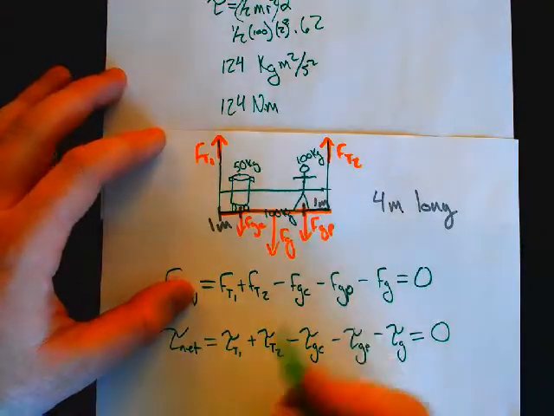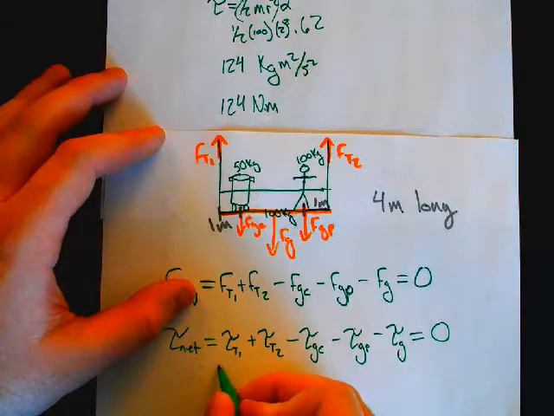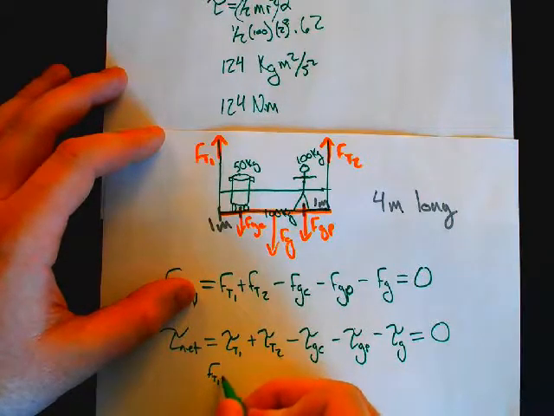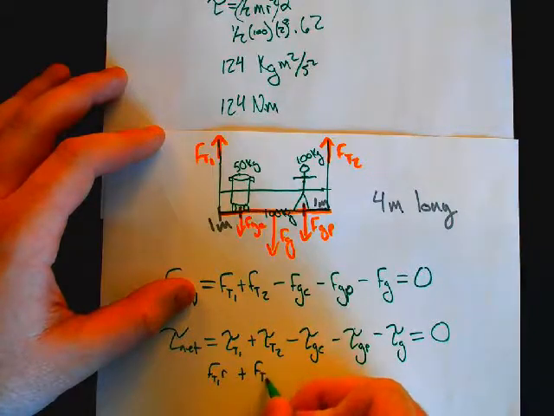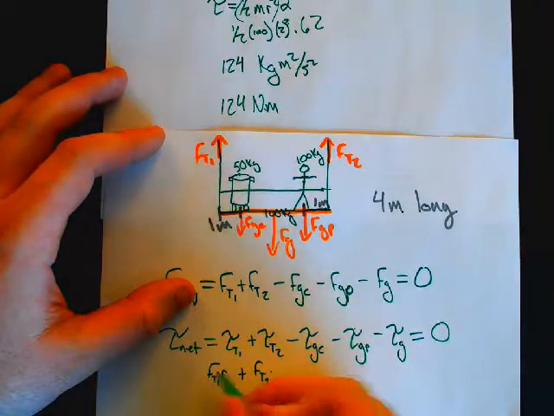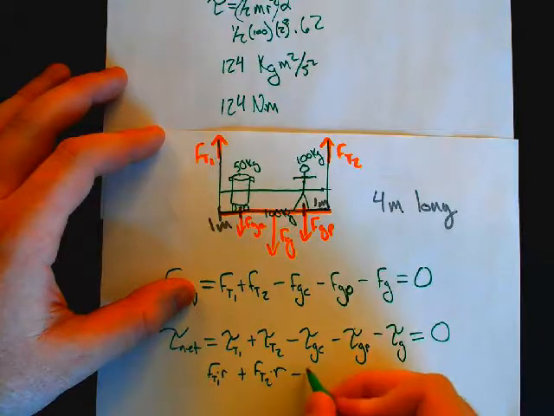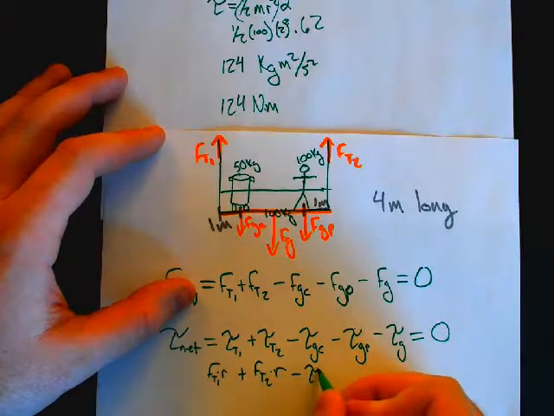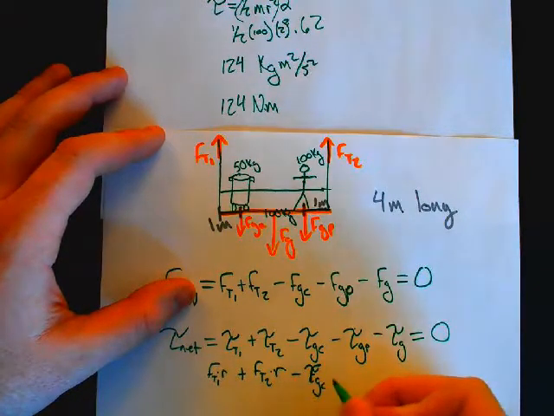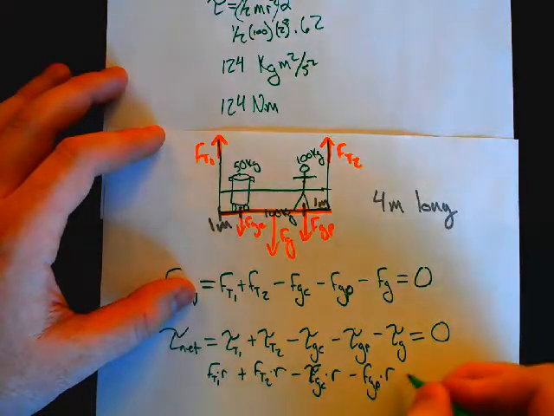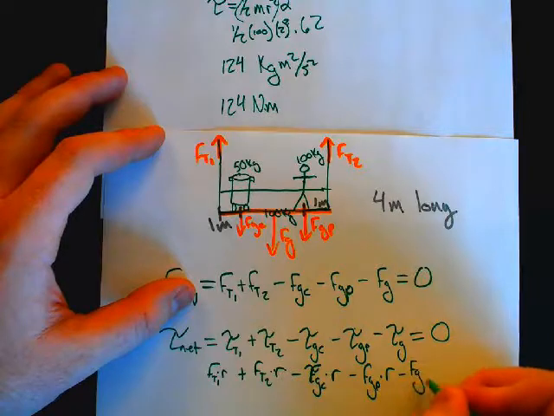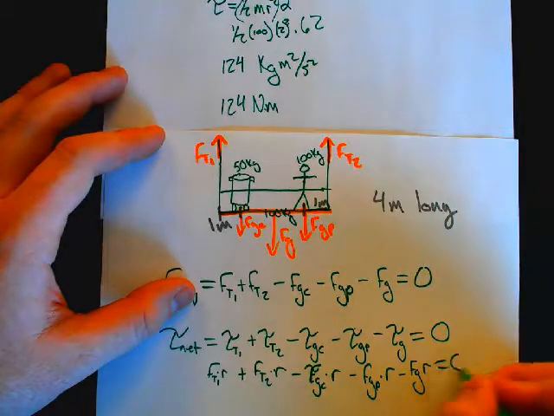So then looking here, this would be force tension 1 times radius plus force tension 2 times its radius, minus force of gravity on the can times its radius, minus force gravity on the person times its radius, minus force gravity on the scaffold times its radius equals 0.